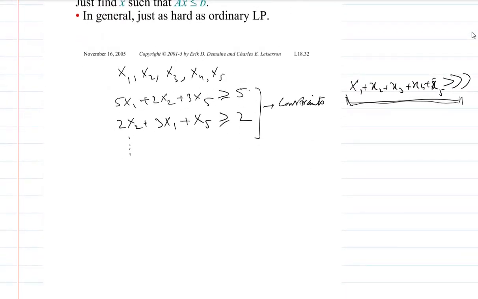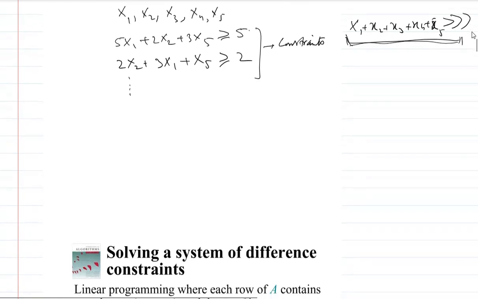Now there is a simpler version of linear programming which is called a system of difference constraints.